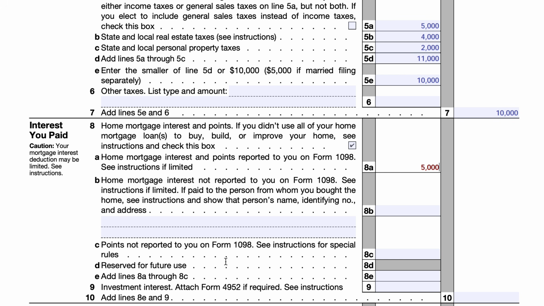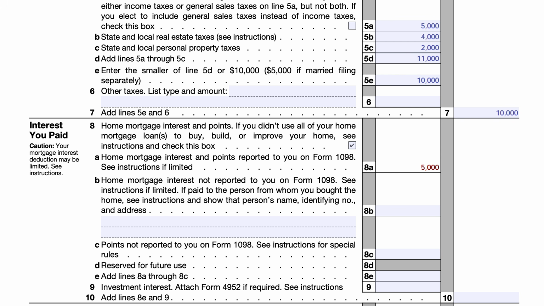So if you paid points only to borrow money, they're deductible over the life of the loan. Even if you refinanced, you would still have to deduct those points over the life of the loan. If you use part of the proceeds to improve your main home, you may be able to deduct part of those points in the year that was paid, but you would need to go into further detail to figure that out.